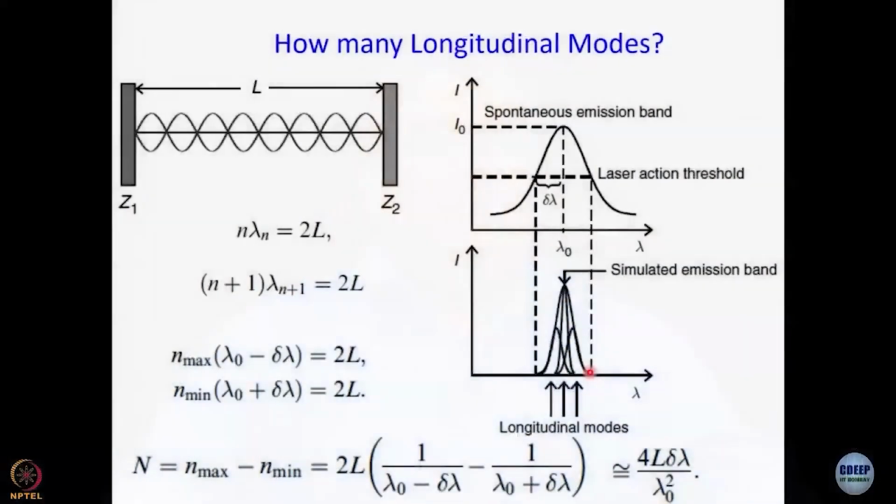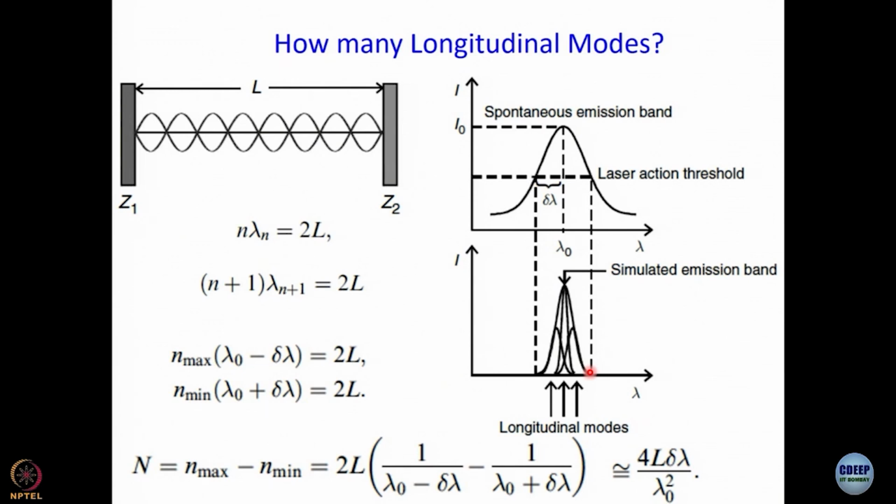Is this an absolute relation or does it change from case to case? See, this relationship is obtained with certain considerations. First consideration is the onset takes place at lambda 0 minus delta lambda and lambda 0 plus delta lambda, where delta lambda is half width at half maximum. That may or may not be correct, it can vary. It depends on the shape of the spectrum and so on.